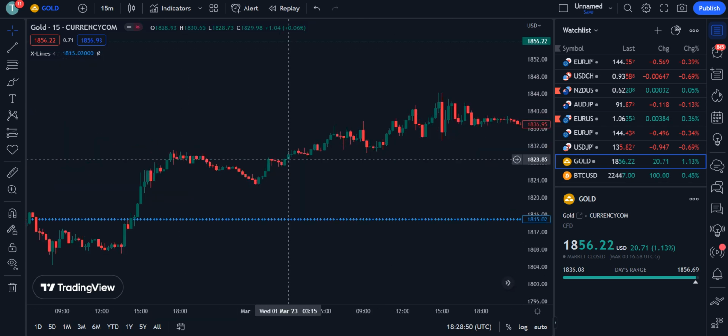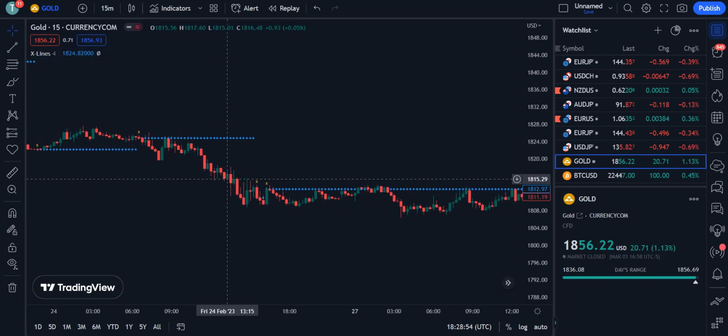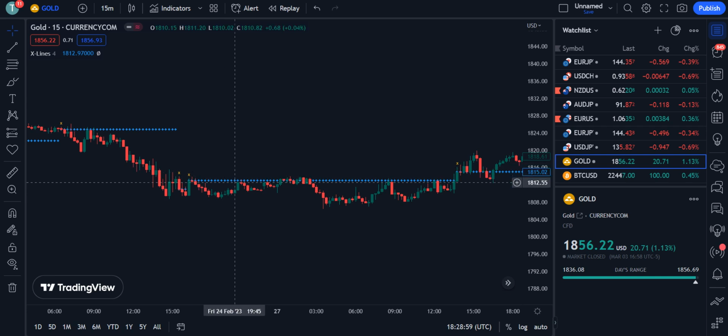Okay, how do we enter into the trade? Whenever you see this X level, afterwards you will always see that a new level is made by this indicator that will act as a support or resistance level. For example, if the market is going down, then this level will act as a resistance level, and if the market is going up, then this level will act as a support level.